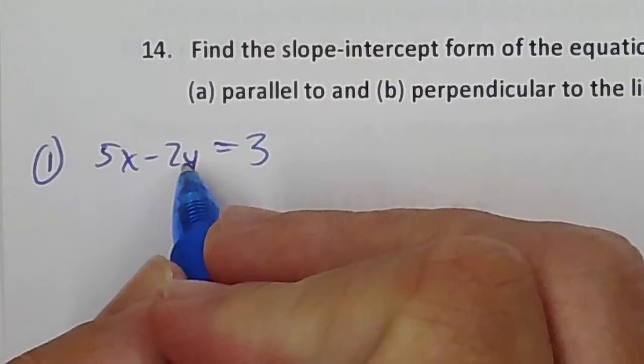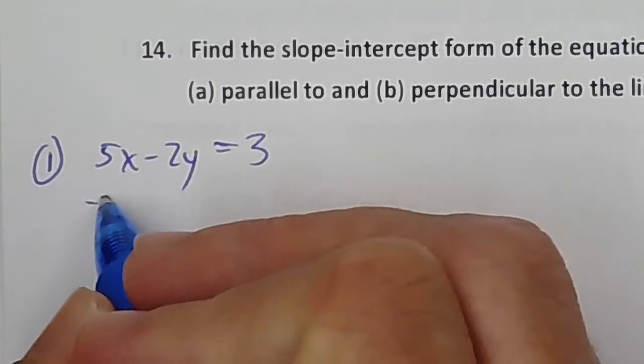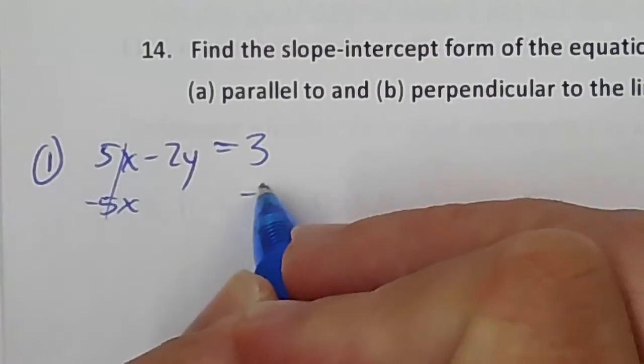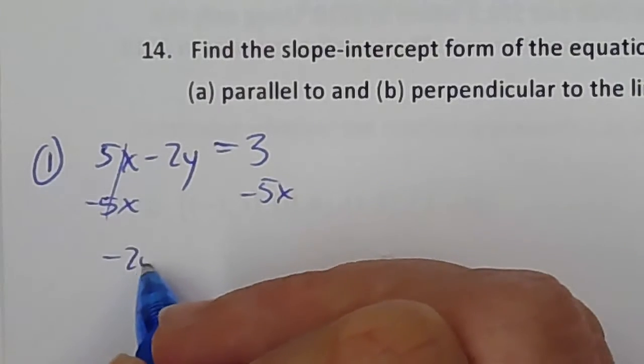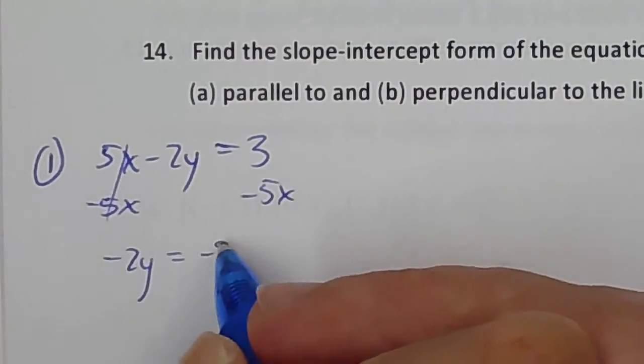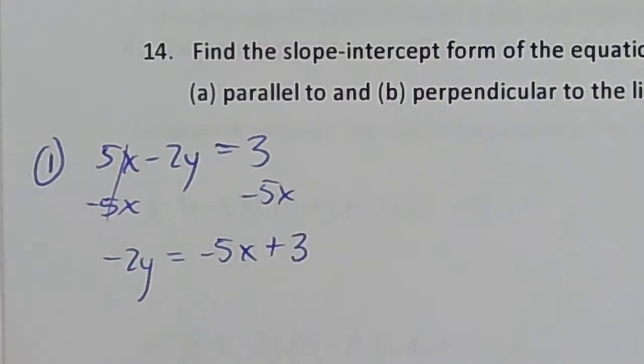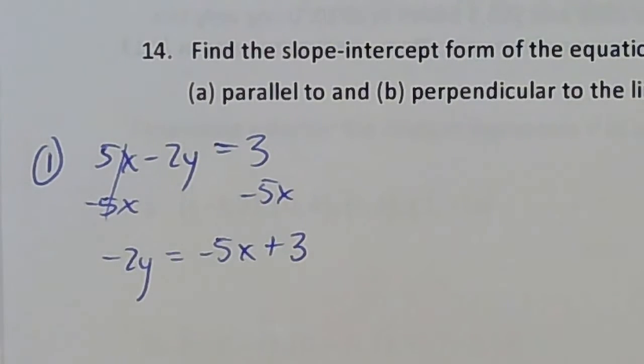Okay, so solving for y will help us do that. It's hard to see the slope right now until I solve it for y. So let's move 5x to the other side. I'll put the x term first. If you did 3 minus 5x, that's fine. Just make sure you know that the slope is in front of x every time.